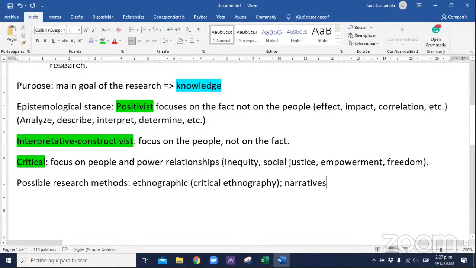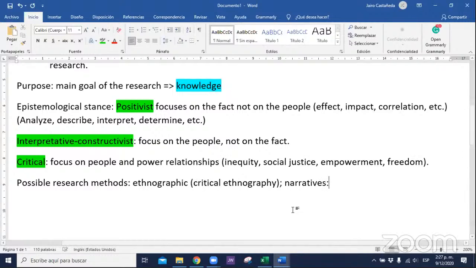But if you want to stand from a critical perspective, your narrative is going to do what I explained previously, but also include the struggles with power issues, inequity, social justice, empowerment, freedom, right? From the stories of your participants. So you can take either of the two stances, okay?